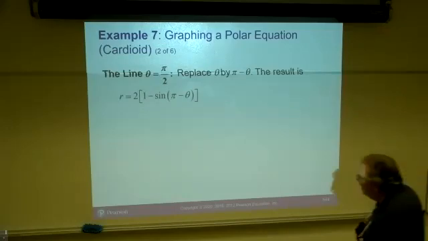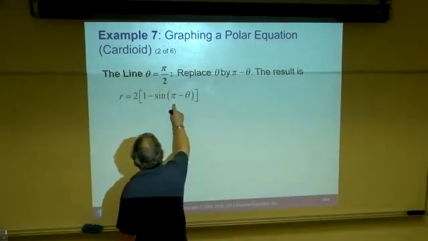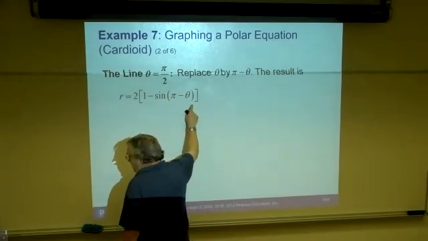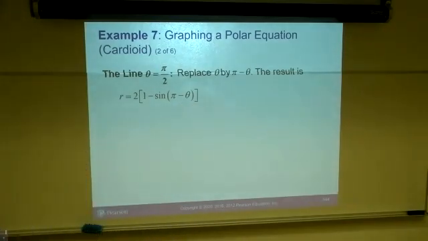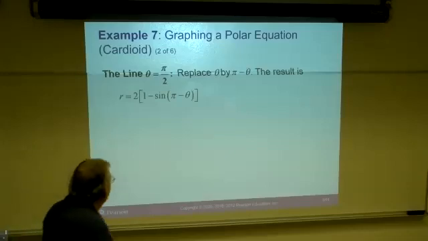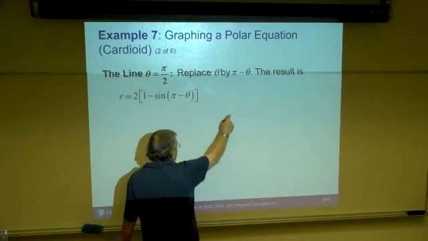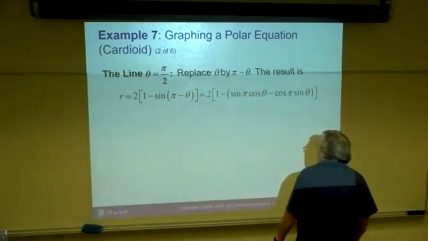So now I go back to my formula chart and look at what sine of alpha minus beta is. So the sine of the difference of two angles equals, what is it? Sine alpha cosine beta minus cosine alpha sine beta. With sine, if it's minus here, it's a minus between the two products.